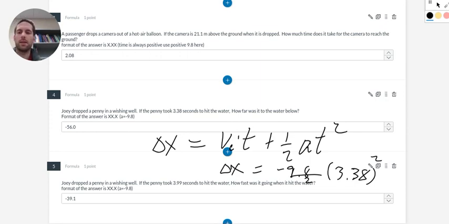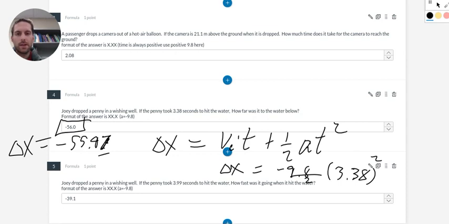Negative 9.8 divided by 2 times 3.38 squared. And I'm going to get negative 55.97. And I want one decimal, so I round that 7 up to 9, but the 9 will get added because 0.1 plus 55.9 is just going to be 56. So there's our answer.